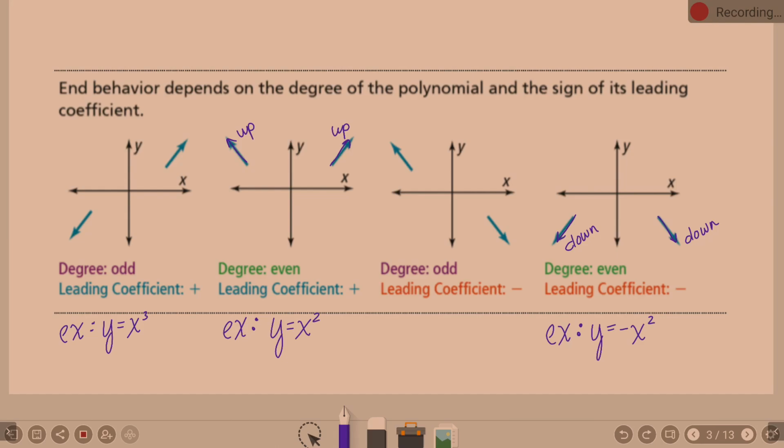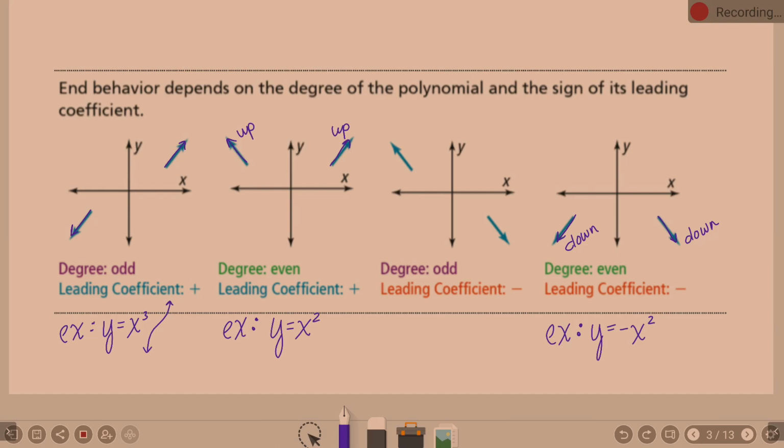Y equals x cubed is this curvy thing that starts low, kind of curves over, and then goes up. Notice, y equals x cubed is an odd power, and this is a positive coefficient. Notice, where does it begin? It begins low or down here, and it ends up. We're not talking about what the middle of the graph does. Who knows how these pieces connect? I'm just talking about the ends, what happens on either end.